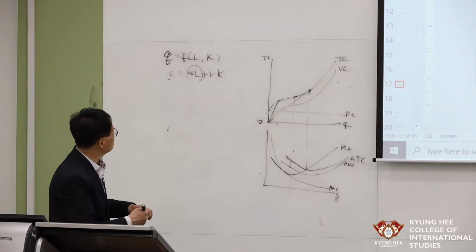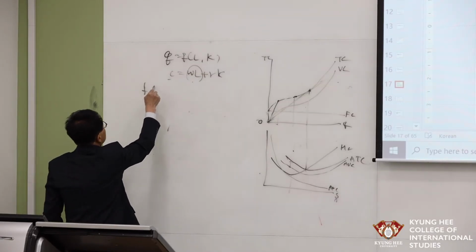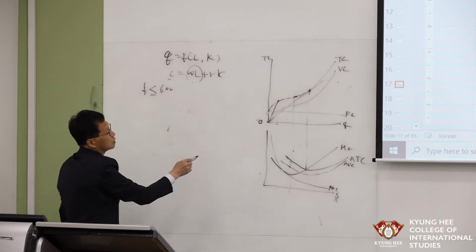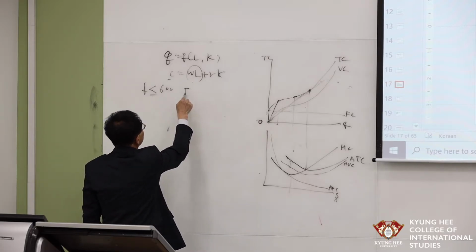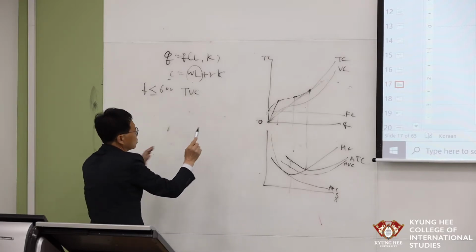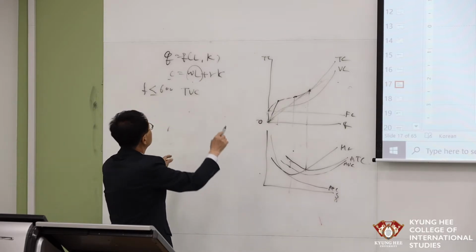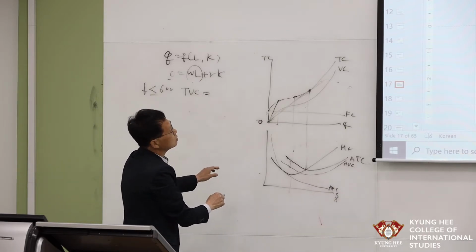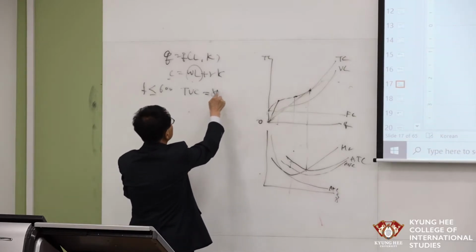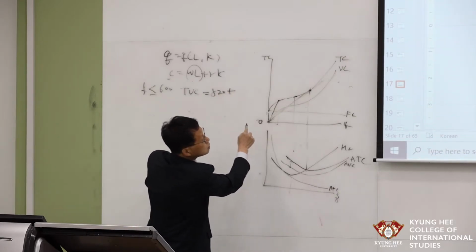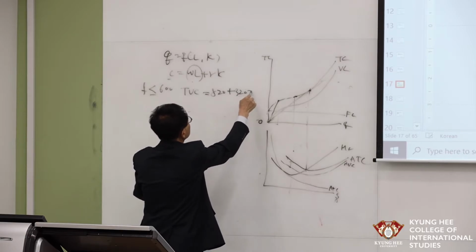When you produce less than 600, there is no fixed cost or other cost here, so total cost is equal to 820 plus 320.